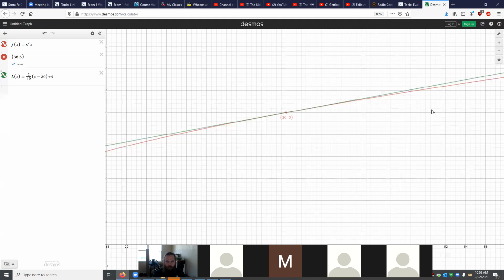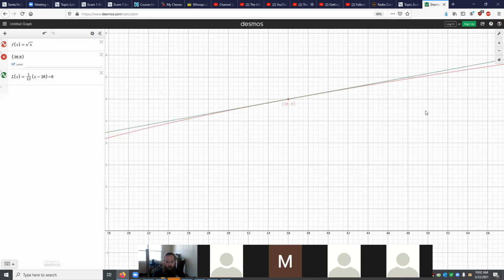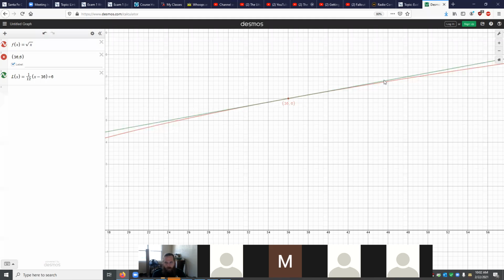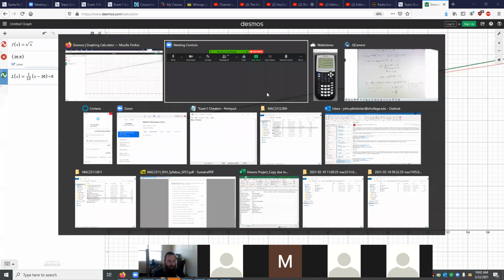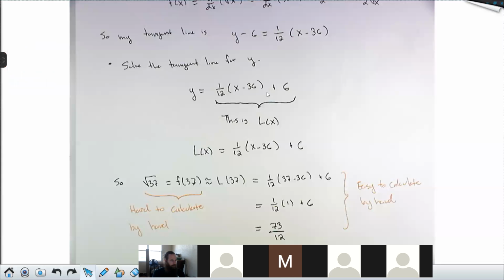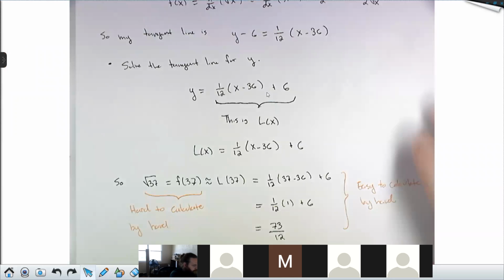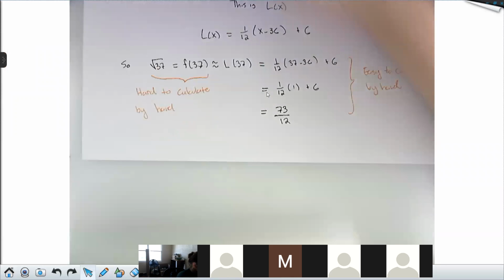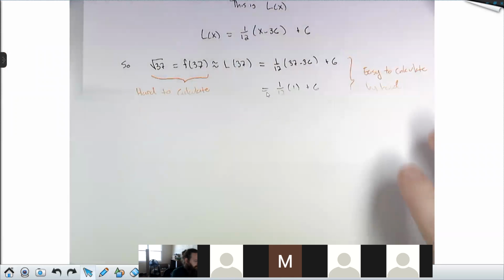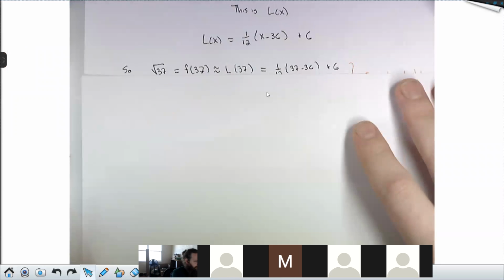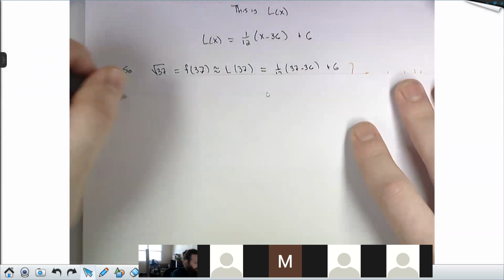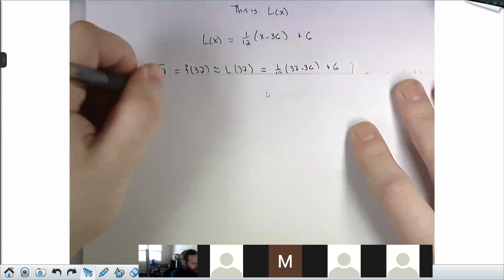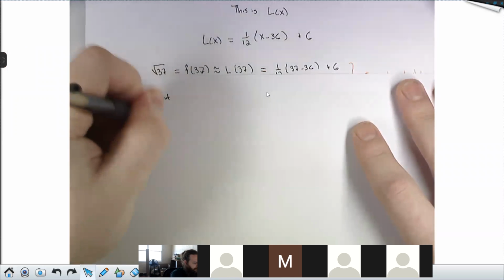Right? So imagine I wanted the square root of, what's another number we don't know the square root of? I have no idea what the square root of 46 is, right? What else can we do with this? So here's my function L of x. What if I wanted, let's do something else close by.